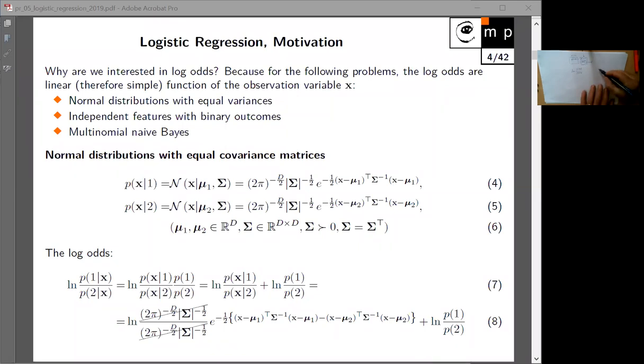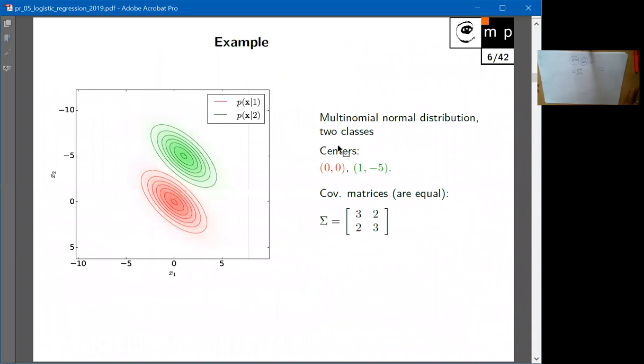So perhaps we do not have this P1(x), P2(x), but we'll have a look at how this looks if we had it. And we'll start with a multivariate, multidimensional Gaussian. So I'll just click on a page later on to give you some idea how this could look.